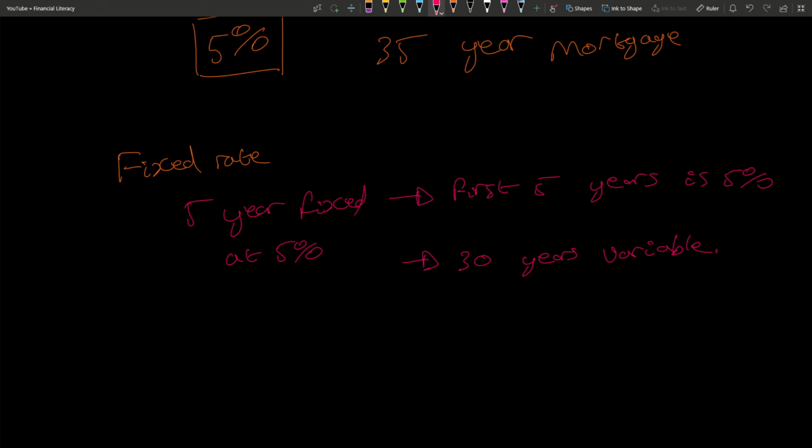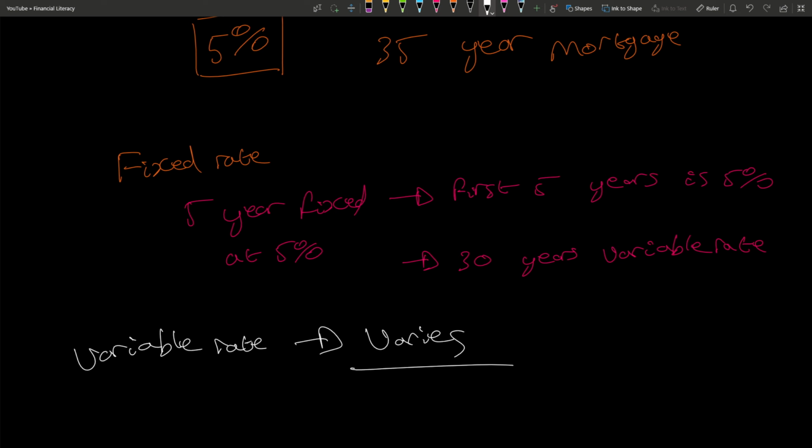So now let's cover variable rate. A variable rate is an interest rate that varies. I mean, there's nothing more to it than that. Obviously there is some more complex finance stuff around how variable rate interest is actually calculated.